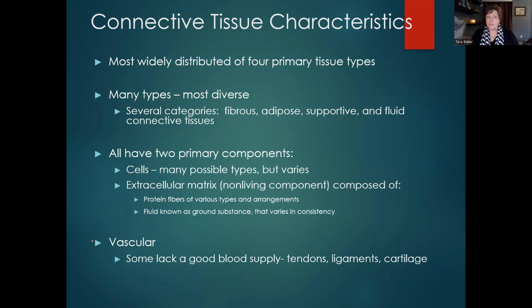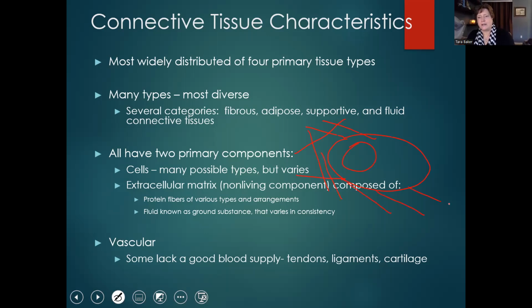Now, to understand what extracellular matrix is, you have to go back to 112, but extracellular matrix is when you have a cell. So this is the cell membrane. The nucleus is on the inside. And the cells that make up connective tissue put out a lot of extracellular matrix. So what that means is they put out a lot of fibers outside the cell, extracellular.